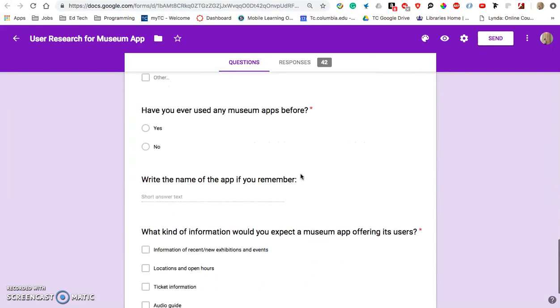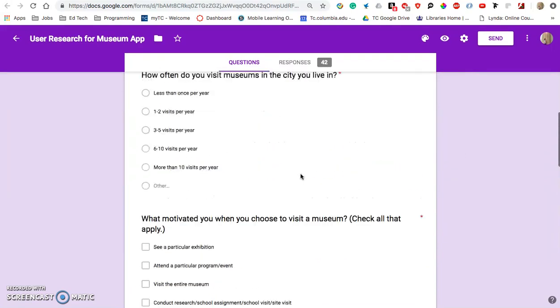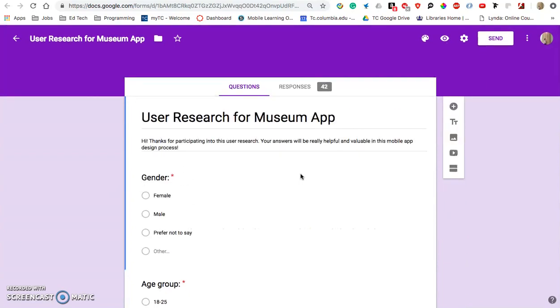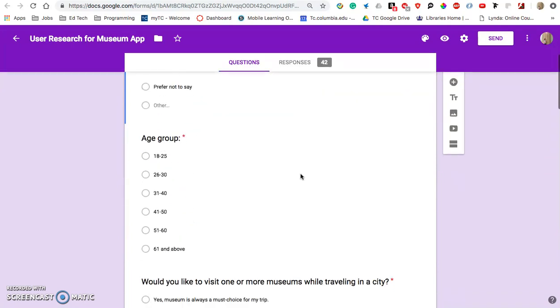This is not a very long survey, which will make it easier for people to finish. I also included a lot of multiple choice questions and checkbox questions so that people don't have to type a lot, which will avoid them from quitting the survey.